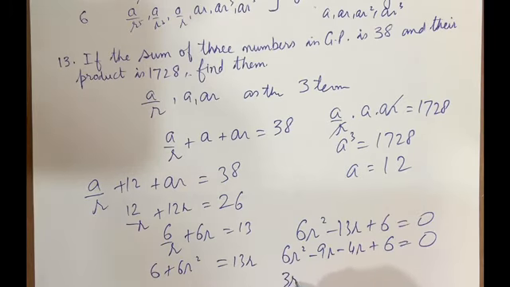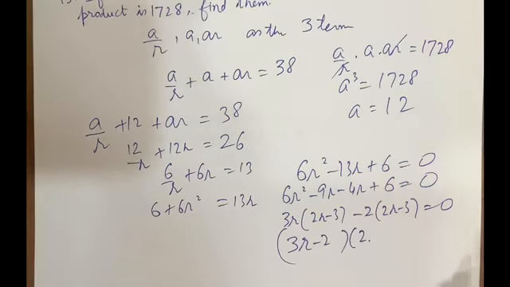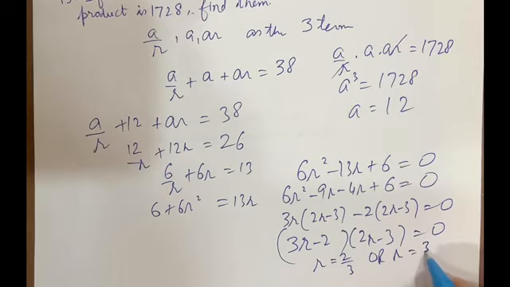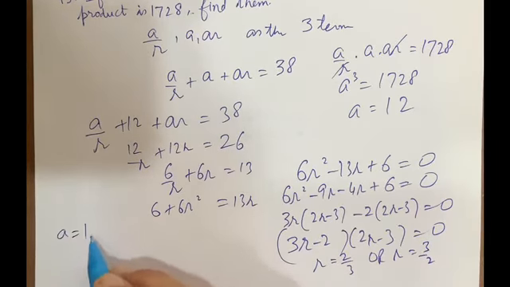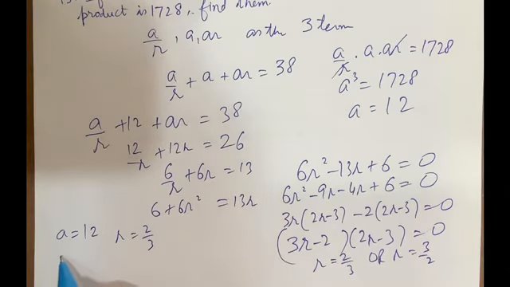Taking 3r common, 2r minus 3, minus 2 common, 2r minus 3, equal to 0. This is 3r minus 2 into 2r minus 3, which is equal to 0. This gives us r as 2 by 3 or r is 3 by 2. So a is 12, and when r is 2 by 3, the first term will be a upon r, that's 12 upon 2 by 3.